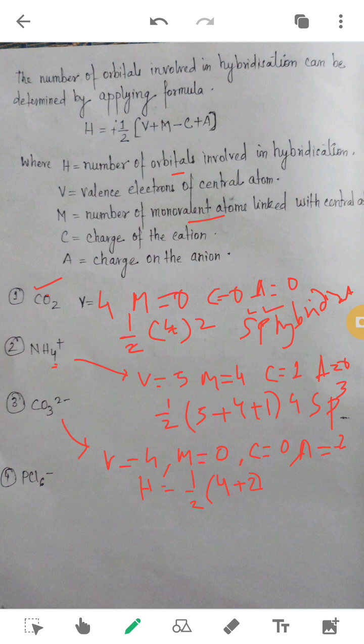If it is 6, then half gives me 3. So this is sp2 hybridization: 3 hybrid orbitals, one s and 2 p orbitals, so 3 in total. So the hybridization of carbon in the carbonate anion is sp2.